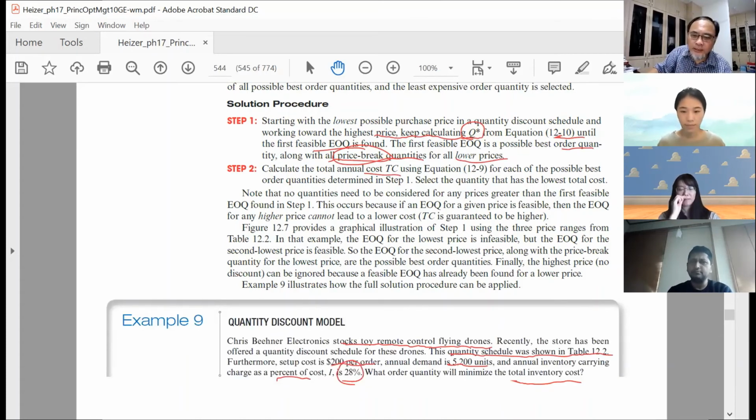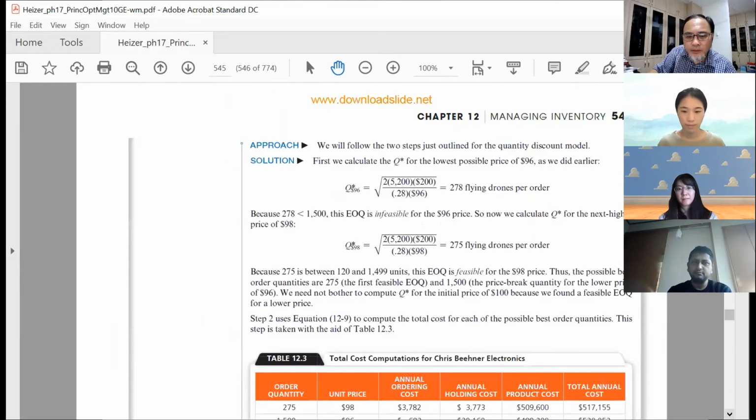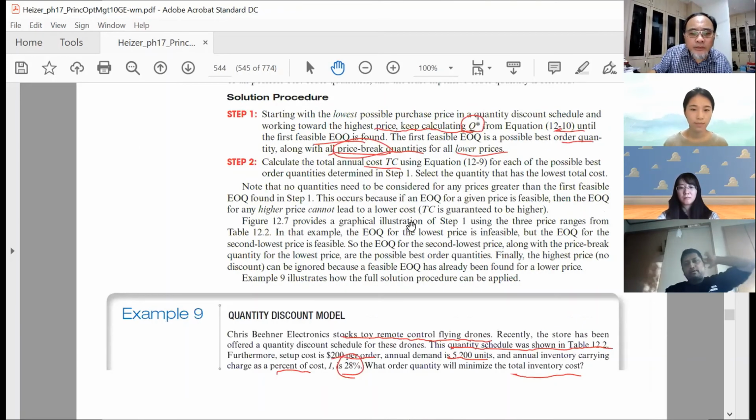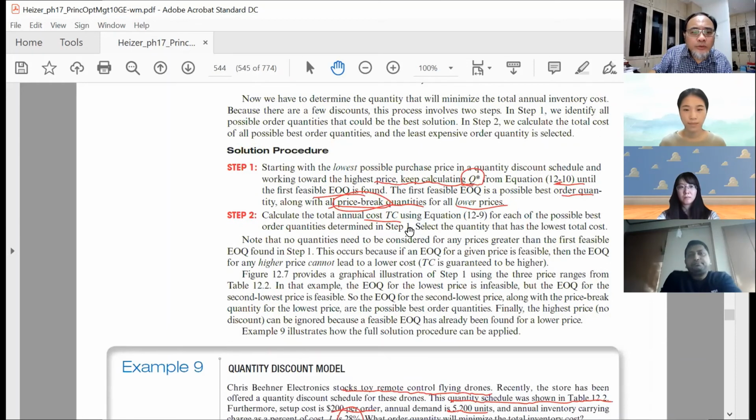Okay, let's do it slowly. So we have this information, and it is very important to have that information first. We will follow the two-step approach just now. First, we calculate Q star for the lowest price. Before that, where is table 12.2?